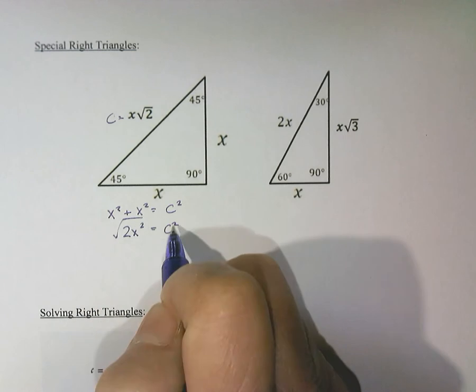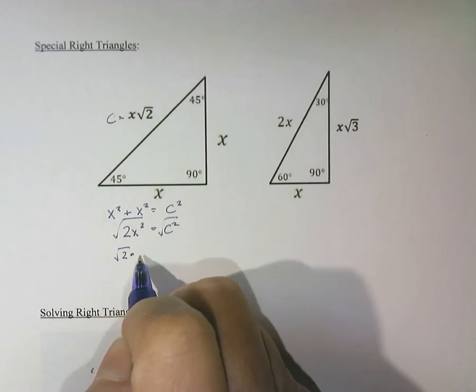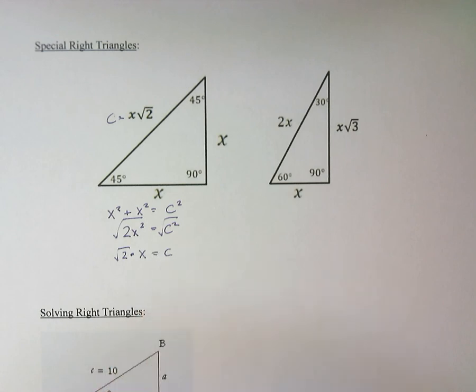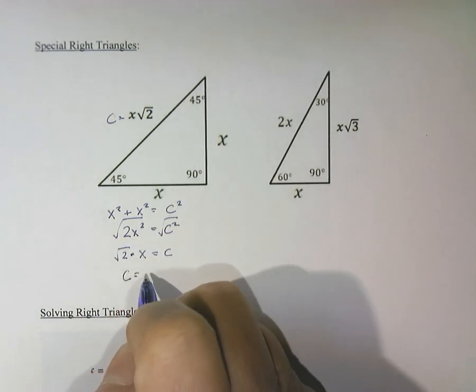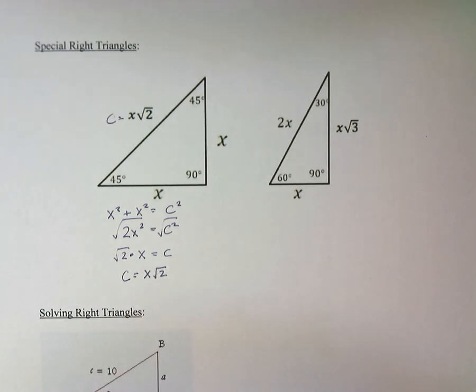If I take the square root of both of these, I get the square root of 2 multiplied by x is equal to c. So in this example, it's written x multiplied by the square root of 2. So you don't have to memorize it, but it helps.